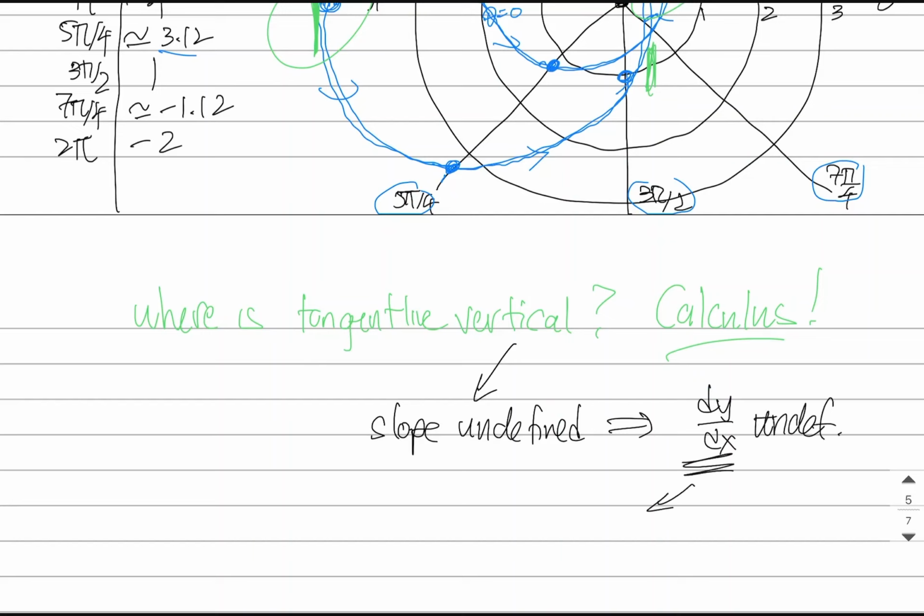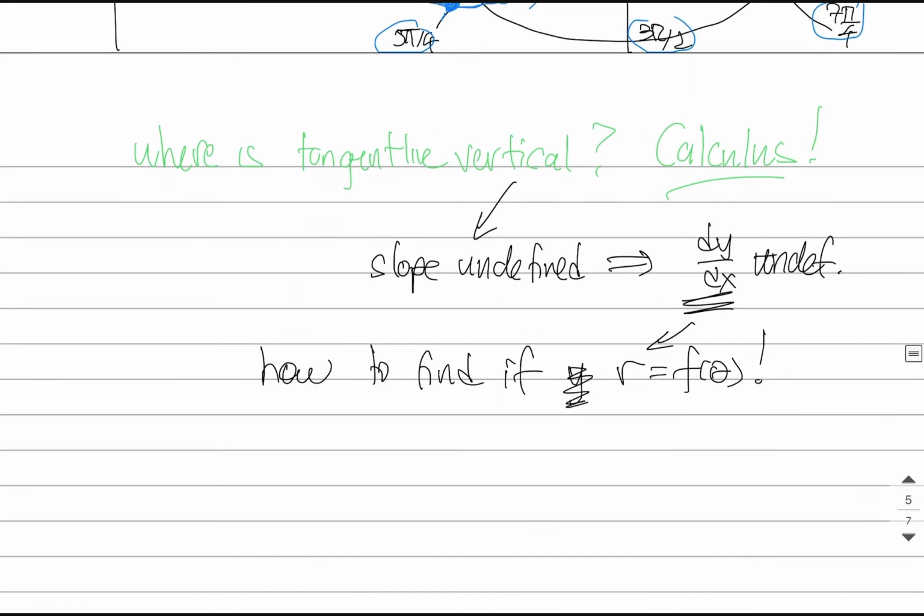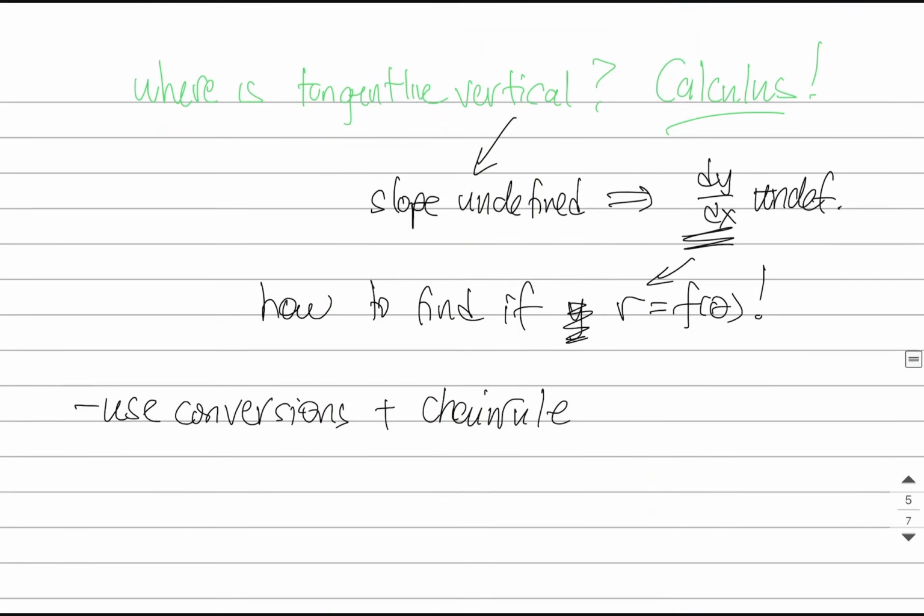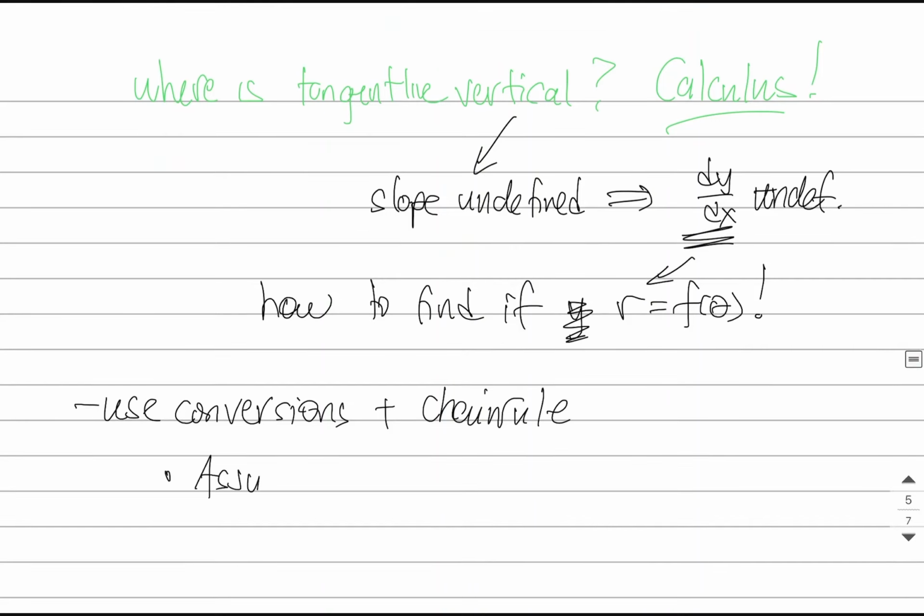Now, dy/dx is going to be a problem. I can't find this if I have been given r as a function of theta. So what we need to do is use conversions and the chain rule. So we can assume there exists some way to represent this function here, some big f of theta.